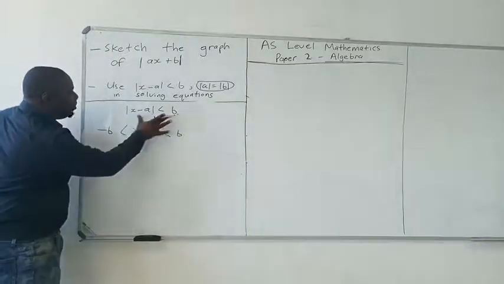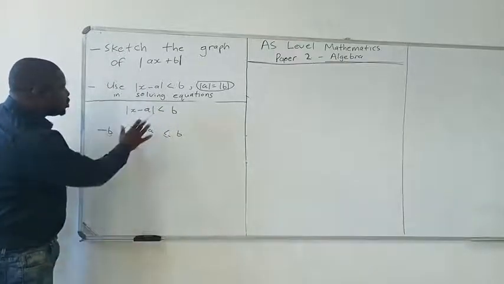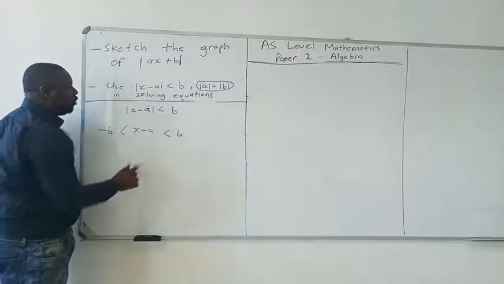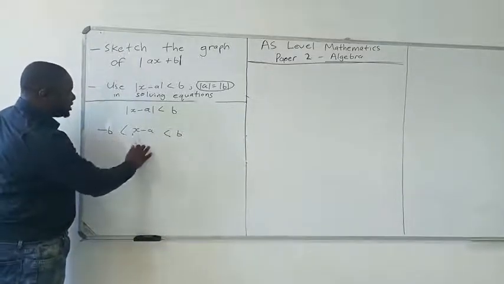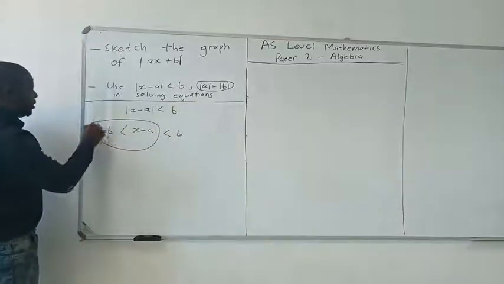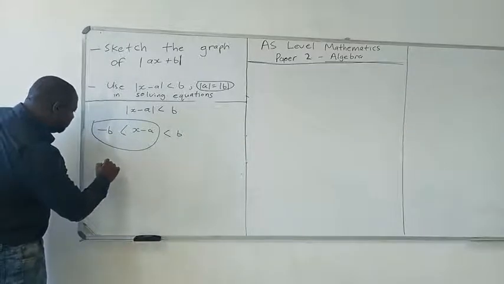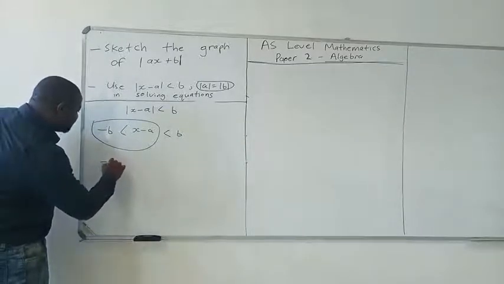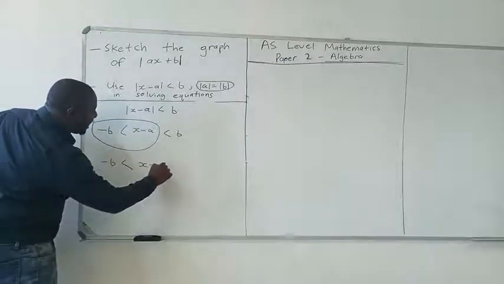This is how we simplify this relationship. In order to solve an inequality of this form, we split it into two inequalities. We look at the first half by itself, which becomes minus b is less than x minus a.